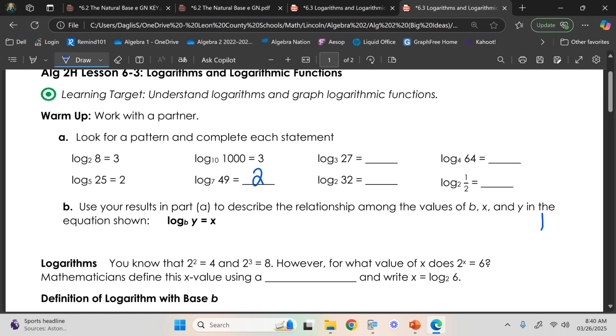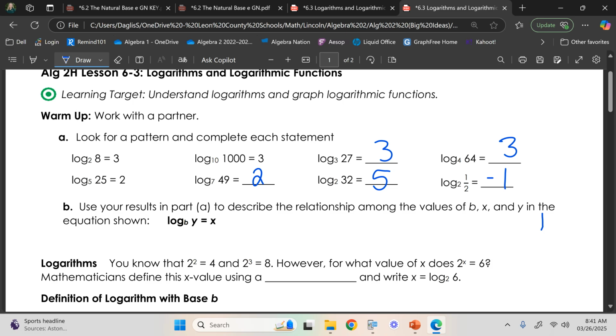How about log base 3 of 27? 3. How about log base 2 of 32? 5. How about log base 4 of 64? And log base 2 of 1/2? -1.